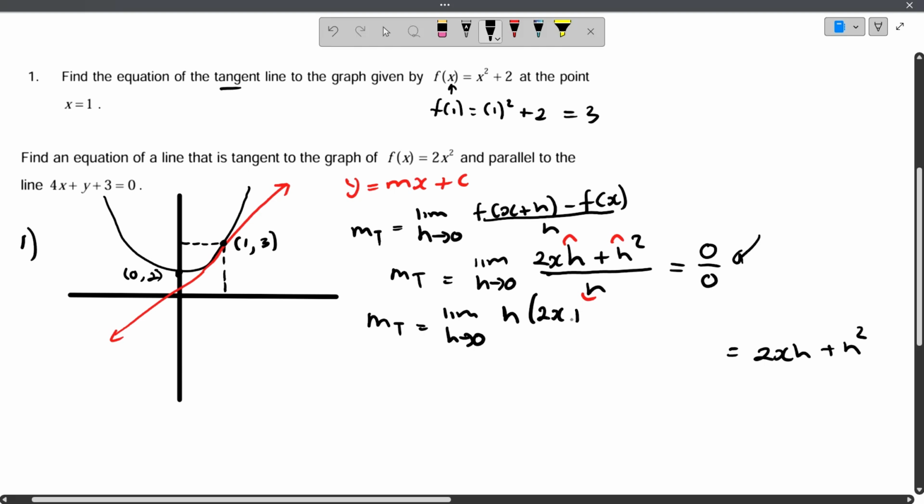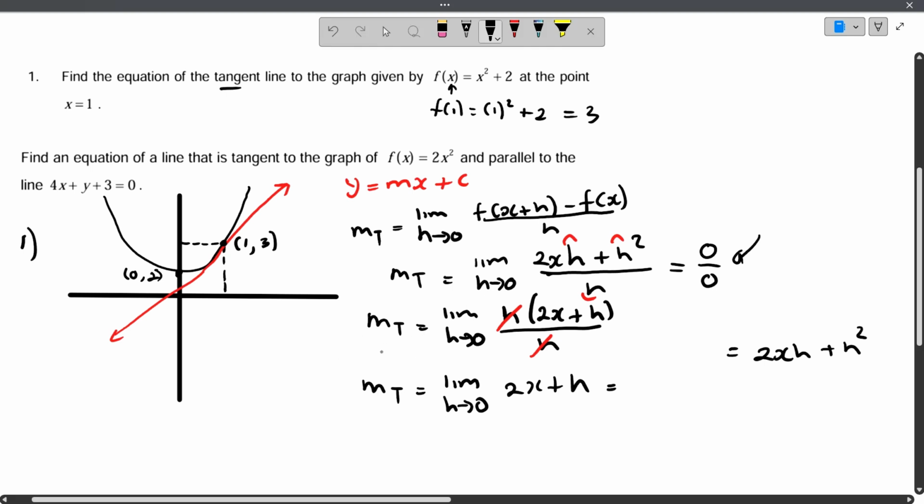Then I have 2x plus h all divided by h, and I can remove the h because they are common. Hence the gradient equals the limit as h approaches 0 of what is remaining, which is 2x plus h. Now I can do the direct substitution.